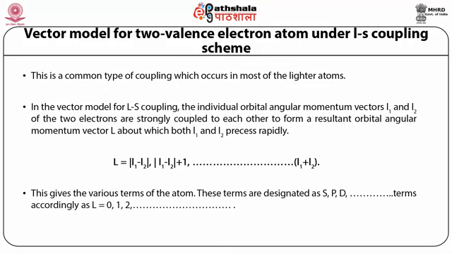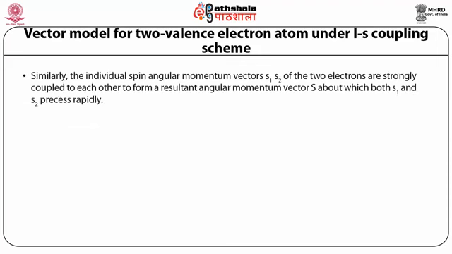This gives the various terms of the atom, and these terms are designated as S, P, D terms corresponding to L equal to 0, 1, 2. Similarly, the individual spin angular momentum vectors S1, S2 of the two electrons are strongly coupled to each other to form a resultant angular momentum vector S, about which both S1 and S2 precess rapidly.